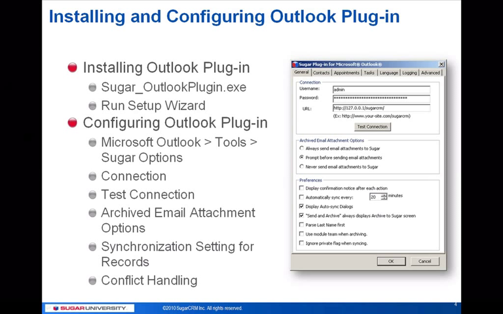It takes a few minutes to run, and when it's complete, you will be able to see within Outlook a new toolbar on the very first page, and we'll get to that in a minute. And then you can also access Sugar options underneath the Microsoft Outlook Tools menu.